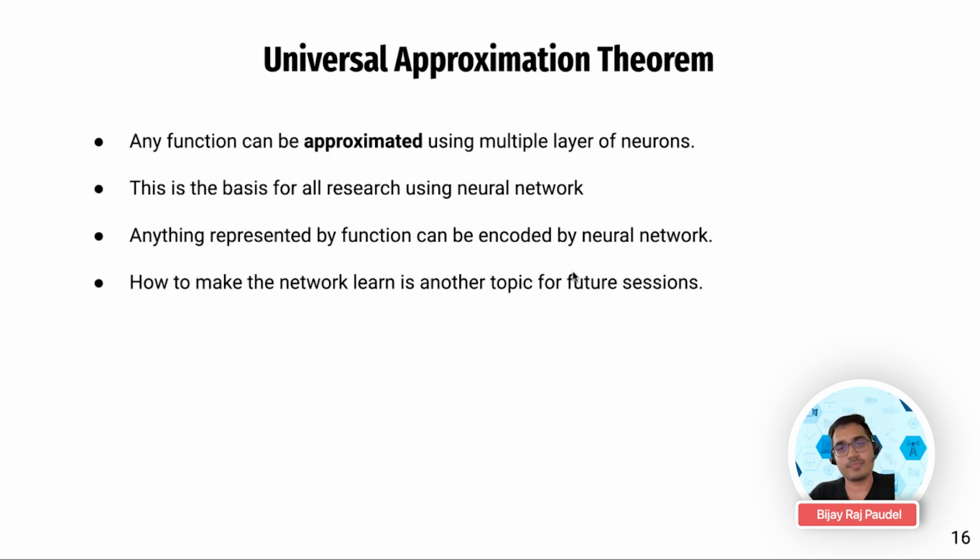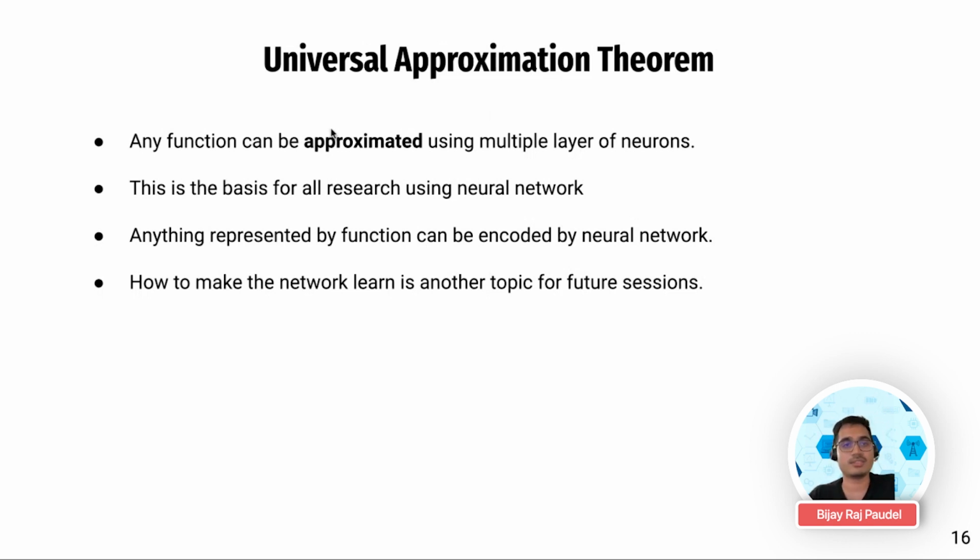And the next important thing, and why are we working with neurons that were proposed in 1958, not with something new? And why am I presenting this is because of this theorem, the universal approximation theorem.